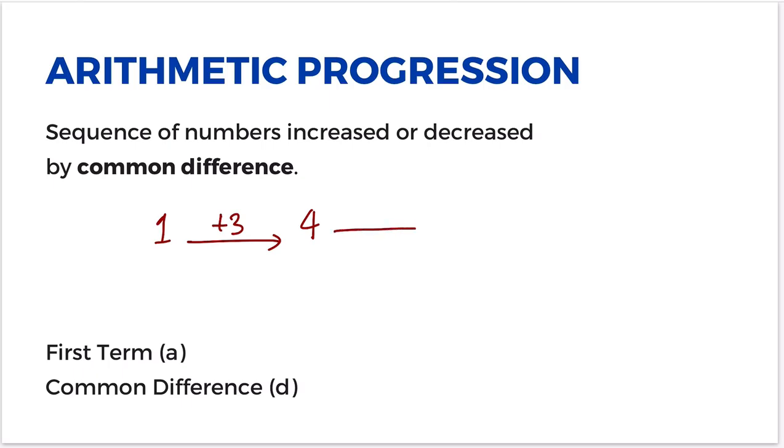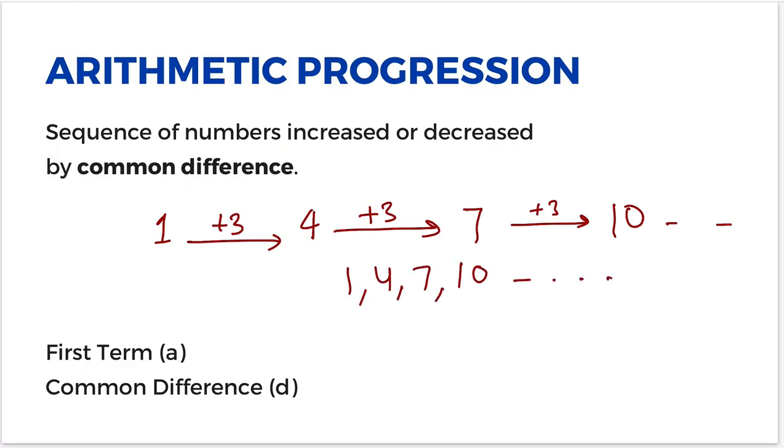Again I can only add number 3 to the last number to make it an arithmetic progression series. So 4 plus 3 is 7. Again I can add only 3. So that will be 10. And so on. So 1, 4, 7, 10 is an arithmetic progression series. Why? Because every number is increasing from the last number by the same amount, that is 3.